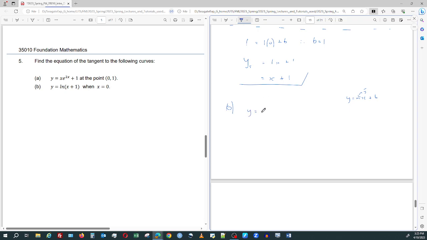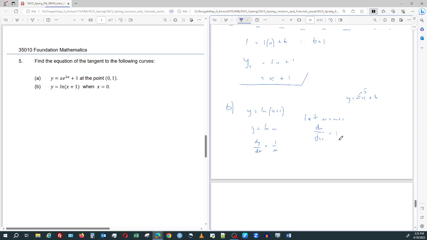So y equals the ln of x plus 1. Let u equal x plus 1, so du dx is 1. Then y equals the ln of u, so dy du, so there's our chain, is equal to 1 over u.